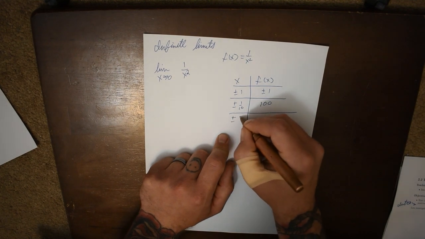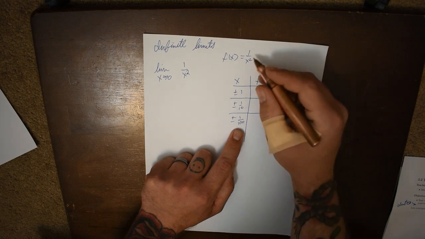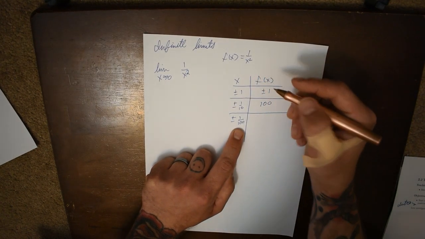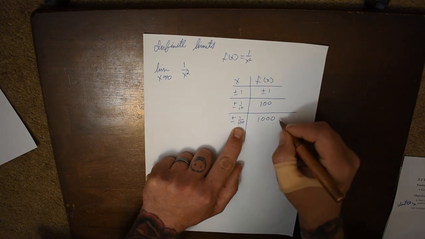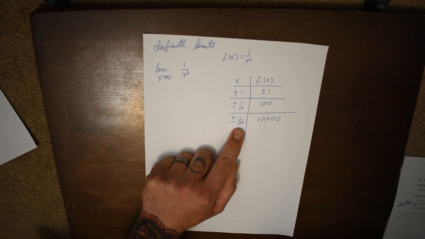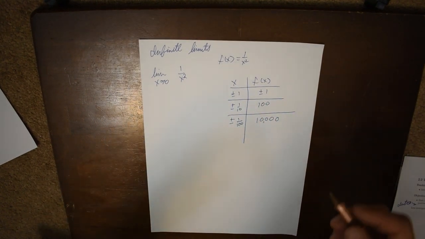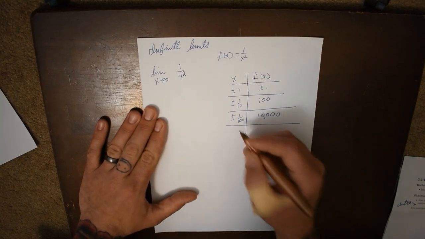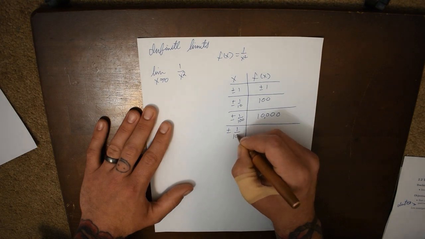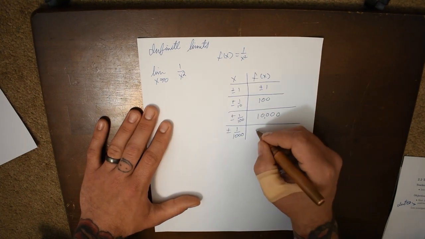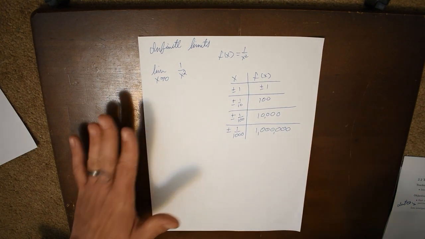If we plug in plus or minus 1/100th, we would square it, and that would give us 1 over 10,000, which would give us 10,000. Let me make sure that'd be a 1 with 4 zeros. Yep, 10,000. And then the last one, if we plug in plus or minus 1/1,000, we would get a 1 with 6 zeros, or 1,000,000.